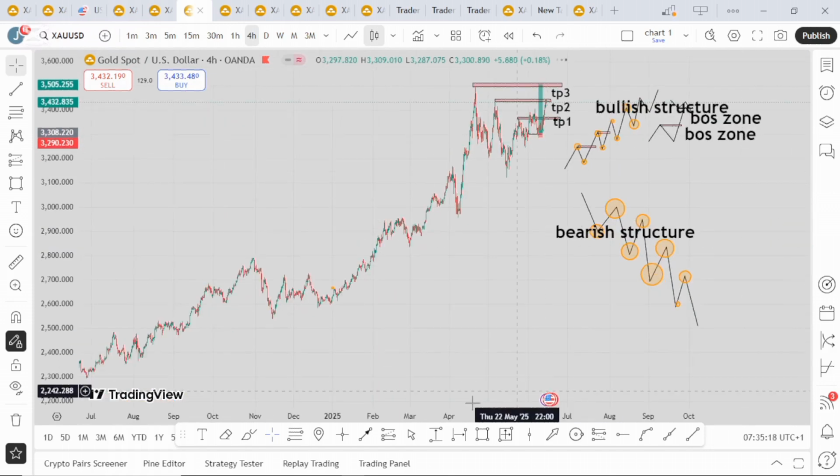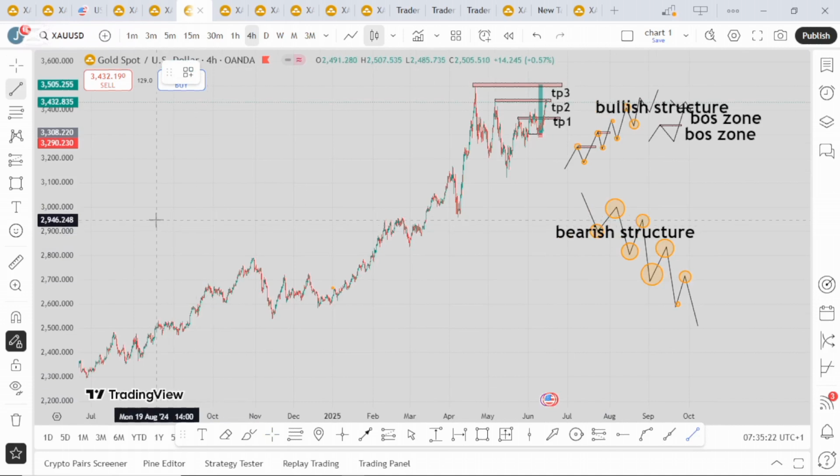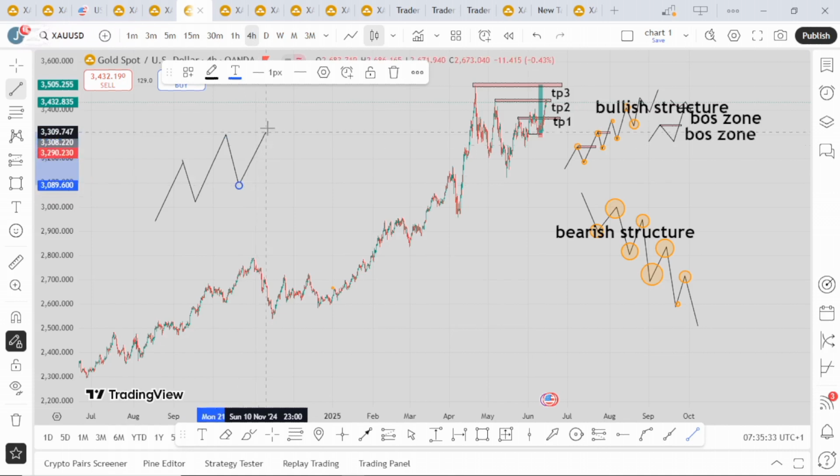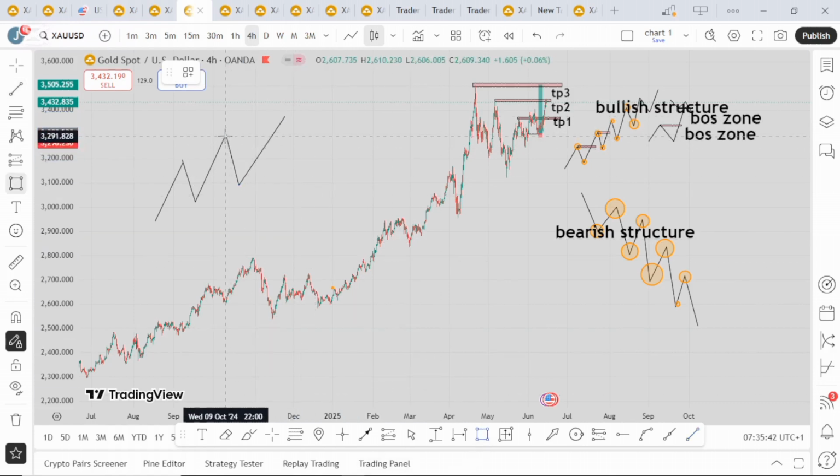Then the next thing that I'm going to show you in the basic structure is a shift of market structure. Let me show you over here. Now when you see price going in a bullish structure, this is a bullish structure, and you are expected to see a break of this particular structure, then price didn't break the structure, and what you saw was that price changed.